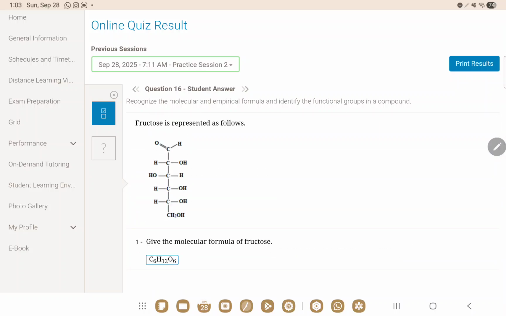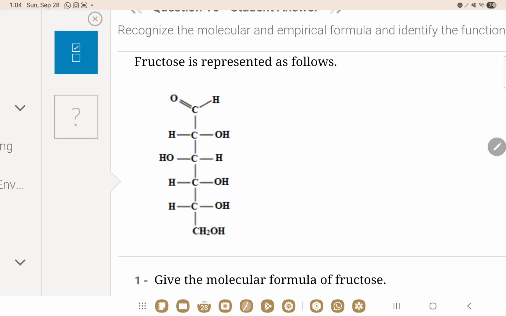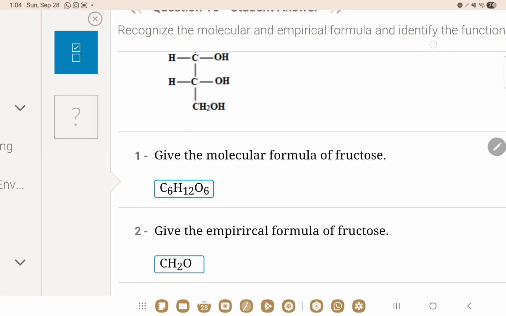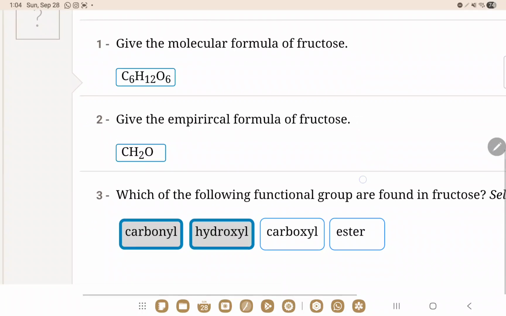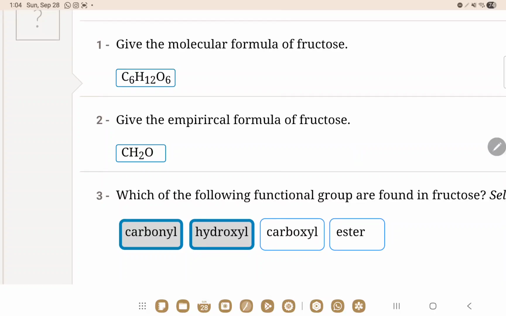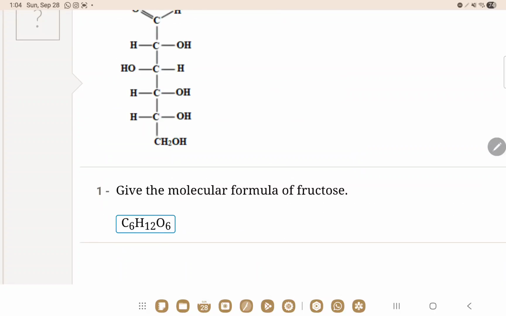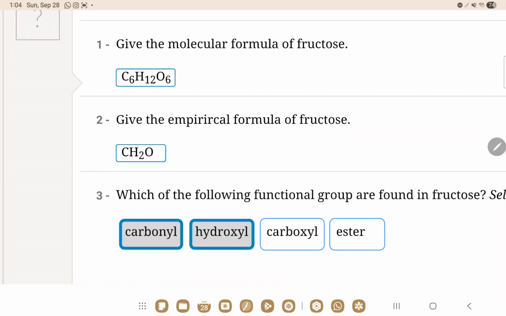Look. So what groups do we have other than C and C bonded to H's and C bonded to C's with single bonds? We have here a C double bond O, and we have an OH. OH is a hydroxyl group, and C double bonded O is a carbonyl.